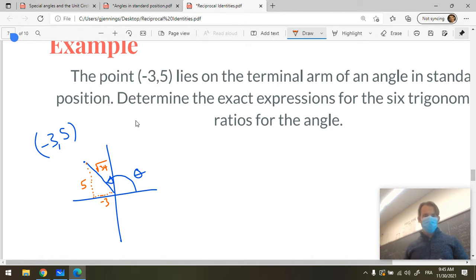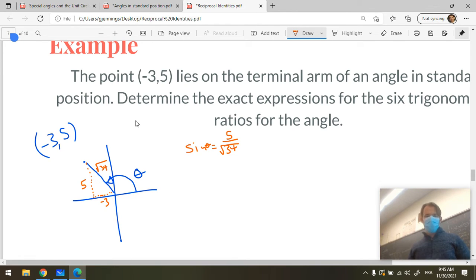So now we can write down sine of this angle is equal to opposite over hypotenuse. Here's the opposite. So sine theta would be equal to 5 over the square root of 34. It's almost 1, because we already talked about this, just a little bit smaller than 6. It's 0.8574.